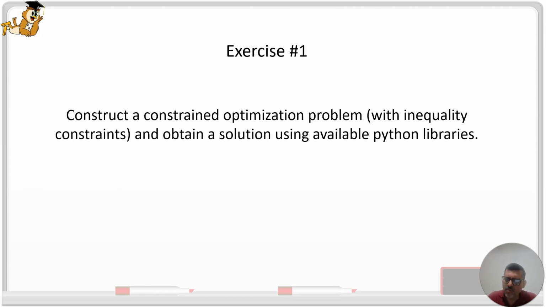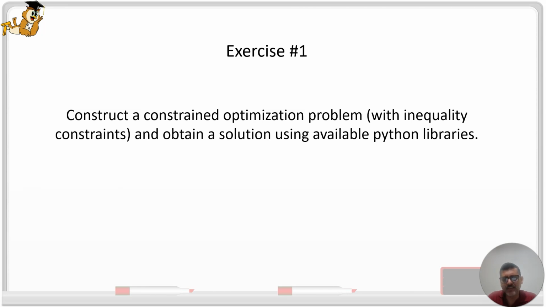You feed the function you want to optimize, you feed the constraints that you have, and you obtain a solution. What is the purpose of this exercise? The purpose of this exercise is to give you some reassurance that if you ever ran into a constrained optimization problem, you have libraries out there that will find a solution for you.